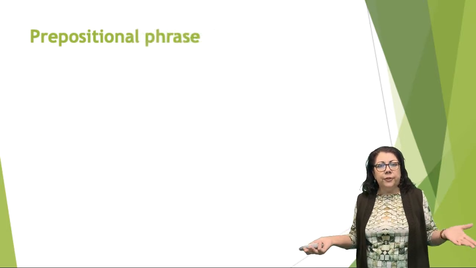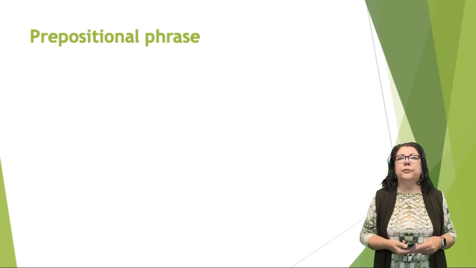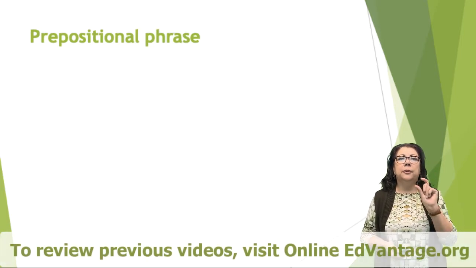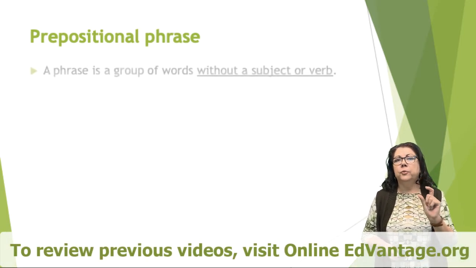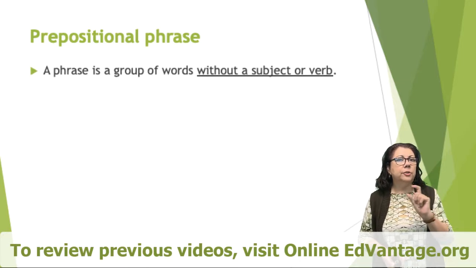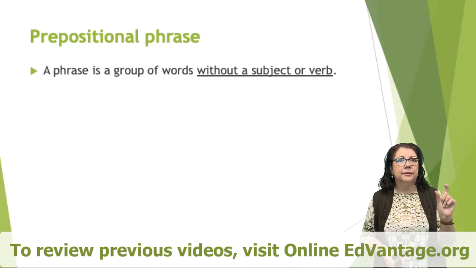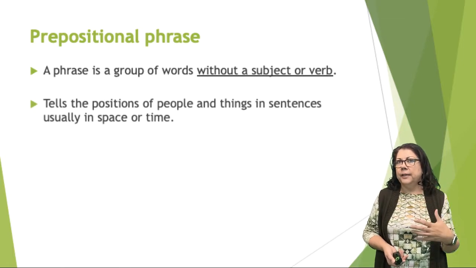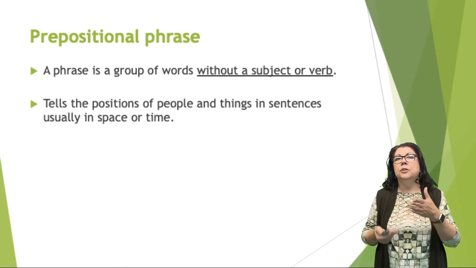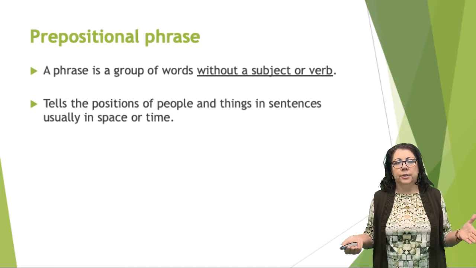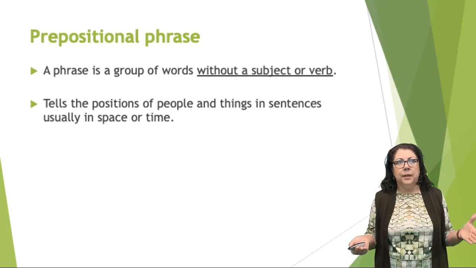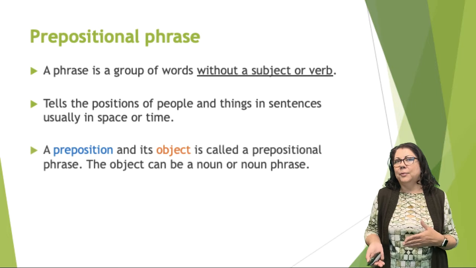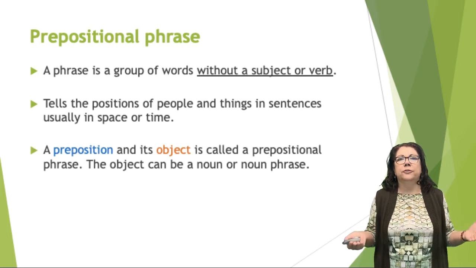So prepositional phrases. Well, a prepositional phrase, if you remember about phrases, it's a group of words, but there's no subject or verb in the phrase, okay? So it tells positions of people and things in the sentence, usually in space or time. And a preposition and its object is called a prepositional phrase.